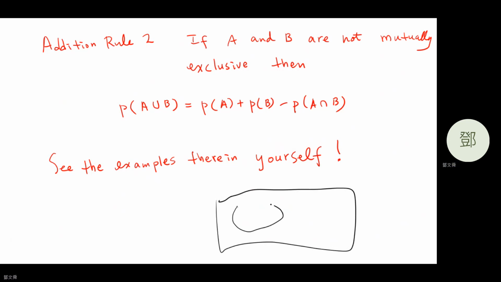This is A and this is B. The green part is A union B. And this part is A, and this part is B.